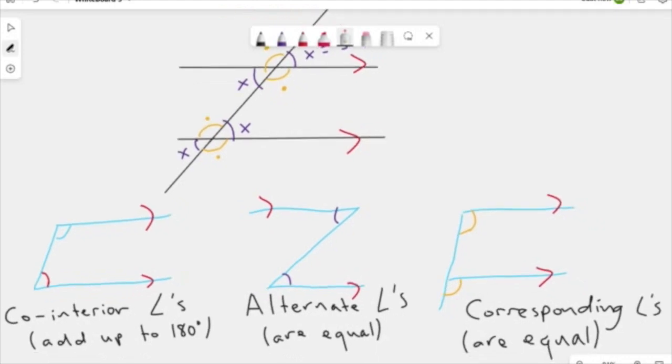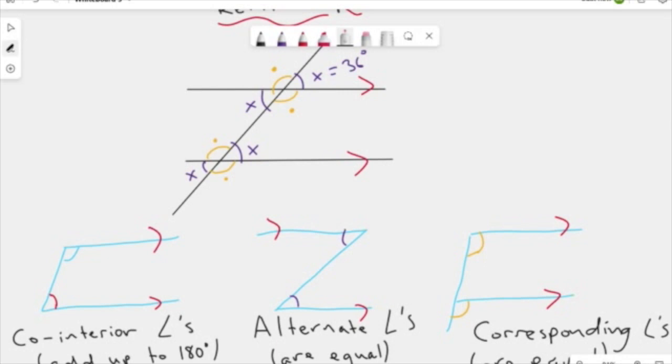Now, these questions get trickier, but this is just an overview of how we build up this parallel lines cut by a transversal, which introduces us to 3 new angle relationships. Co-interior angles, which make this C shape, add up to 180 degrees. Alternate angles, making this Z shape, are equal.